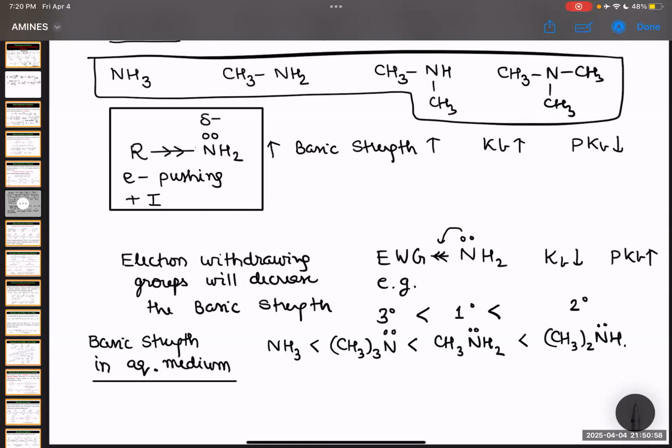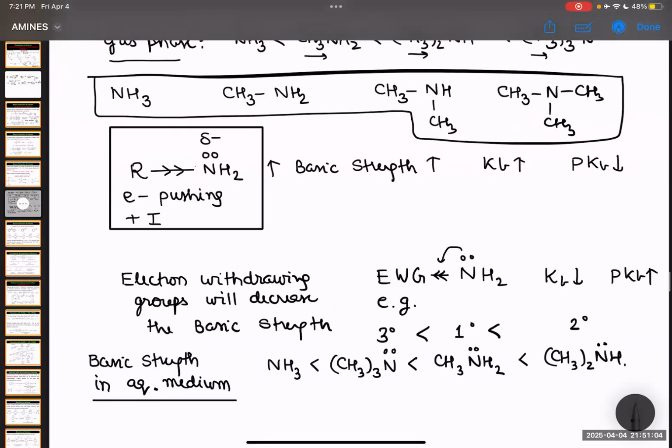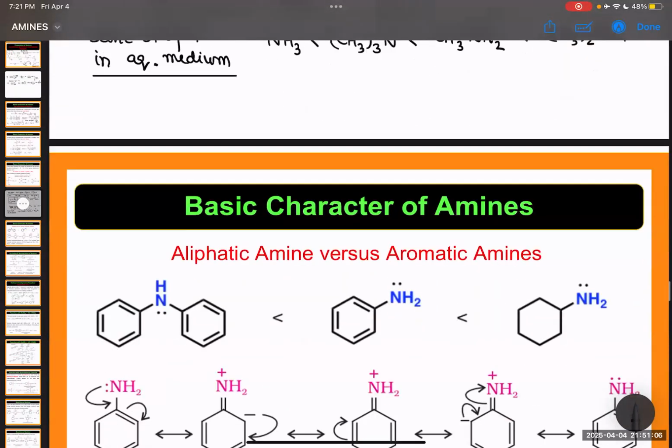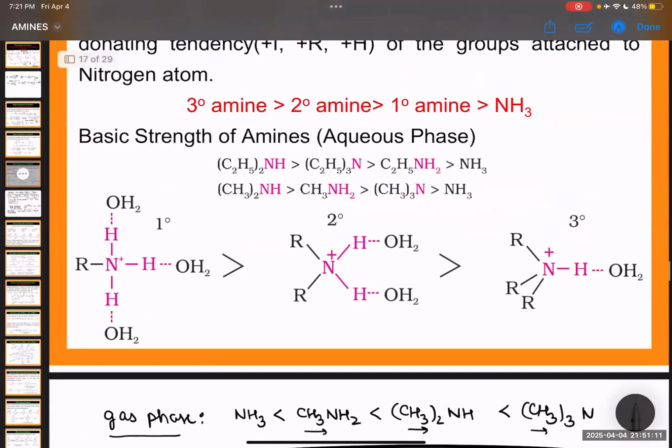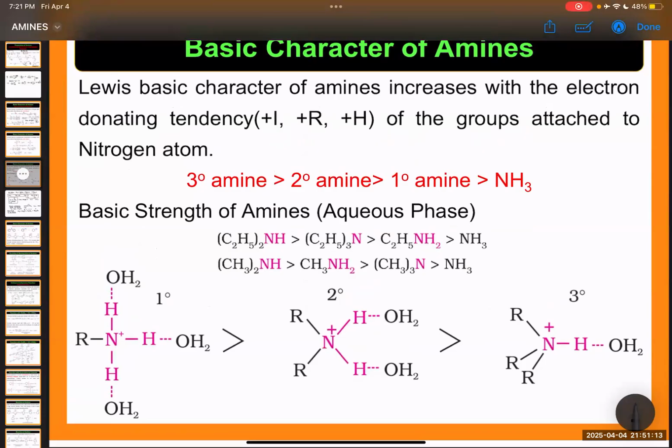The reason is that in water, there is hydrogen bonding happening. Okay, look. This was in the gas phase. The more branched it is, the more basic it will be.